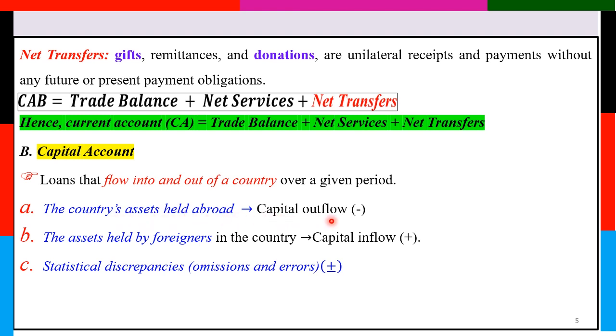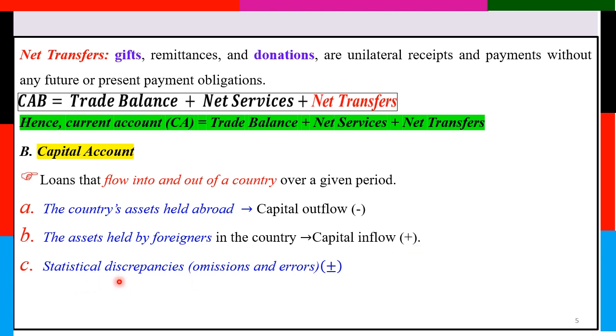This is capital outflow. Assume there are many Chinese companies in Ethiopia. So capital or fund is outflow from China to Ethiopia. For China it is negative, but in the case of Ethiopia it is positive.